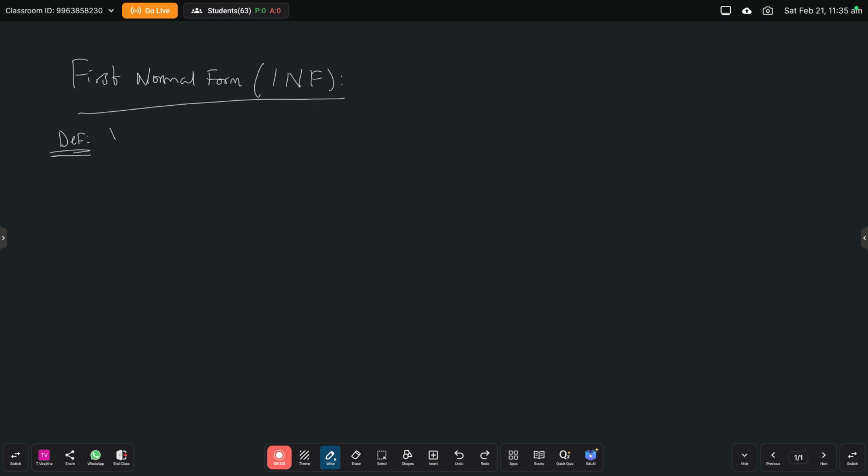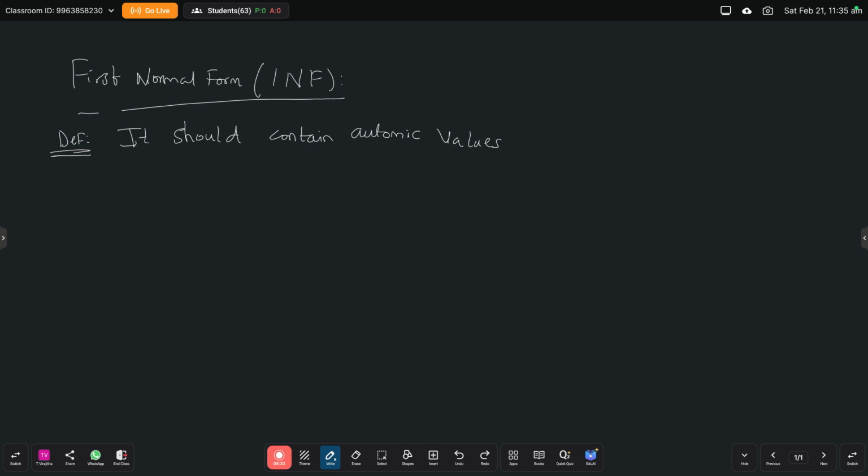The values in the table should contain only atomic values.